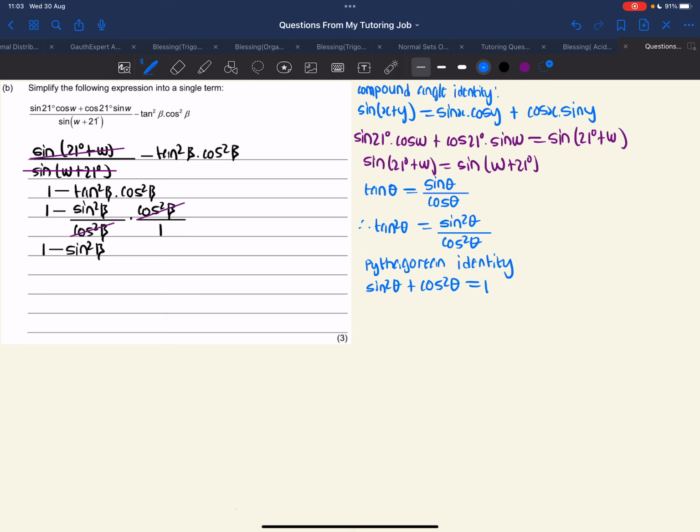If you wanted to find sine squared alone, sine squared theta is going to be 1 minus cos squared theta. That is the first one. For the second one, if you wanted to find cos squared alone, cos squared theta equals 1 minus sine squared theta. So this means that 1 minus sine squared theta is cos squared theta. So this is going to be cos squared beta, and this basically should be our answer at the end. All right.